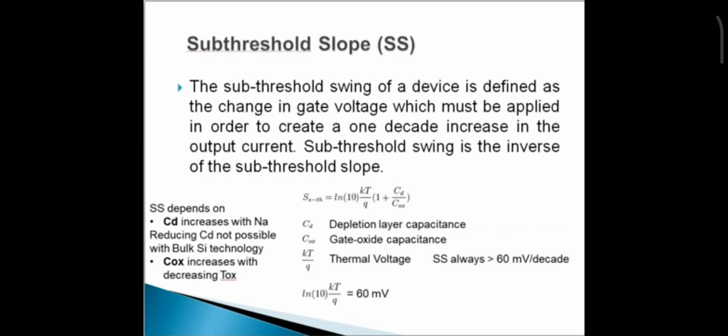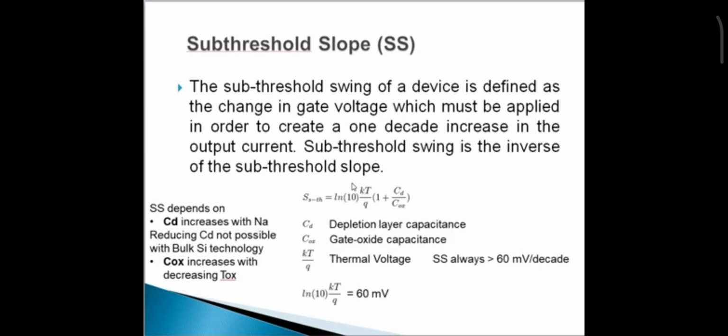In the previous video, I talked about the subthreshold slope of MOSFET. The formula of the subthreshold slope is ln10 × kT/q × (1 + CD/Cox). CD is the depletion layer capacitance, Cox is the gate oxide capacitance, and kT/q is the thermal voltage. From this formula, you can observe that the subthreshold slope of MOSFET is always greater than 60 mV per decade.